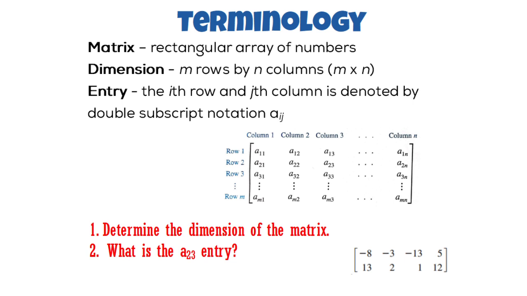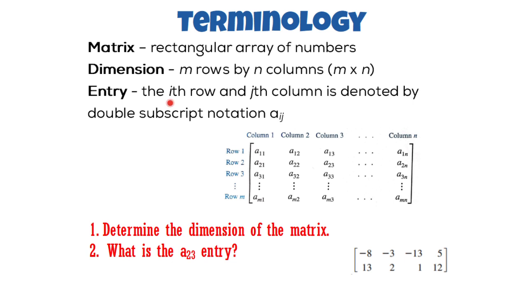It's always going to be rectangular, but we describe its dimension by how many rows there are and how many columns there are. So it's an M by N matrix. So rows by columns. How many rows downward, how many columns across. Now, when you have a particular entry inside of this matrix, it's notated by its row and column placement.